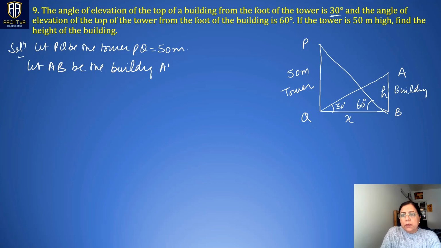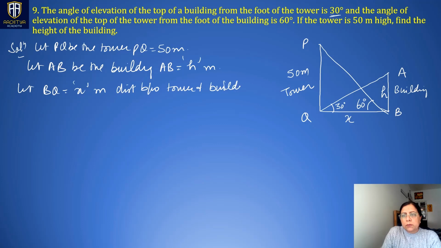So AB height we can assume as h meters. Initially we have to find the height of the building. Now let BQ be equal to x meters, which is the distance between the tower and the building, right?